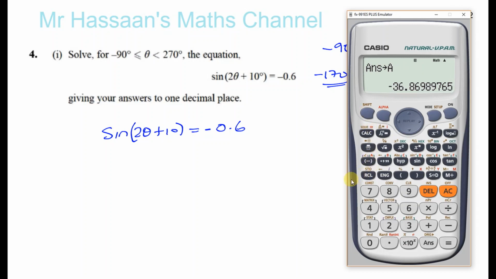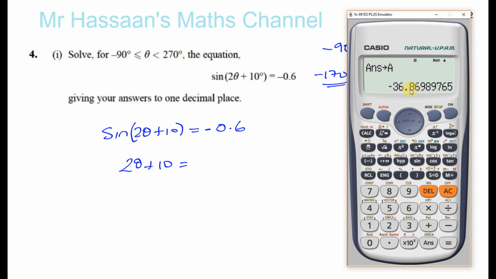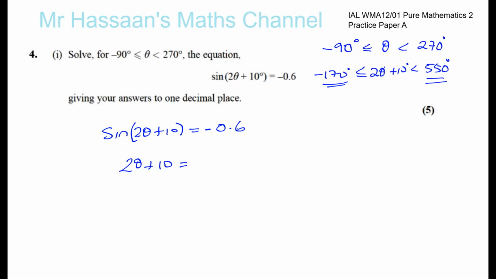So we can say 2 theta plus 10 is equal to minus 36.8698 and it continues on like that. No, I'm not rounding, I'm just writing, that's how it continues.